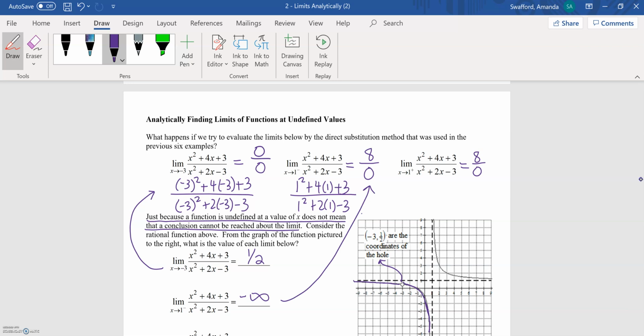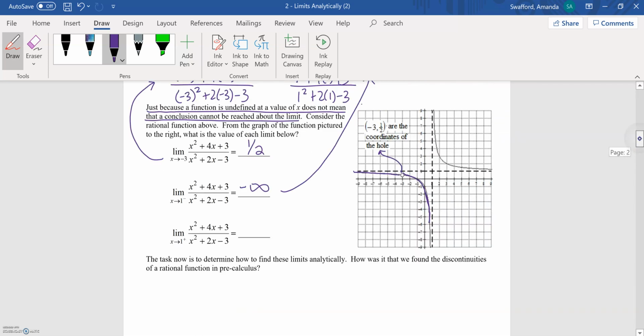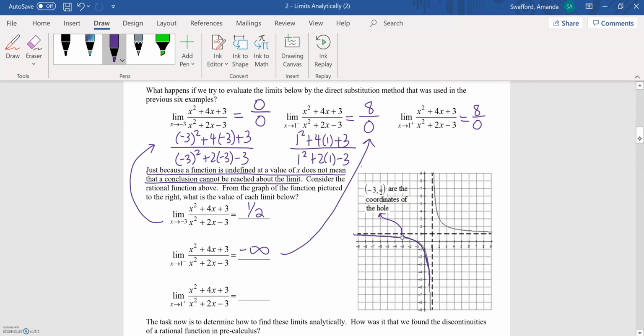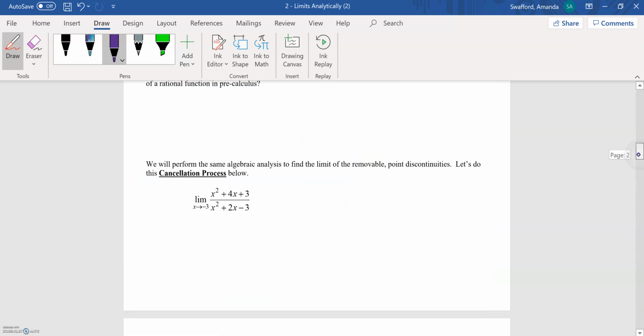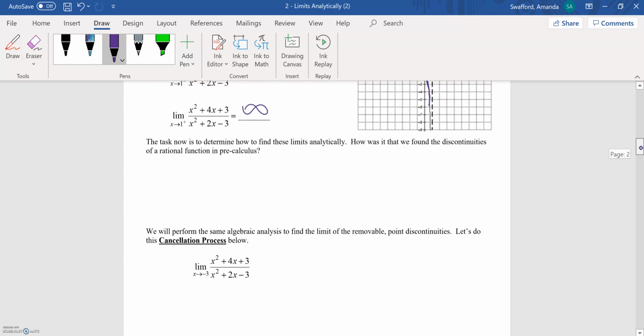And approaching 1 from the right, it appears that I'm going to +infinity. Again, that's a better description than 8/0 and saying undefined. So we've got to be able to solve all three of these limits, but using algebra. So let's take a look at this. How did we, in pre-calculus, determine where holes and asymptotes were?